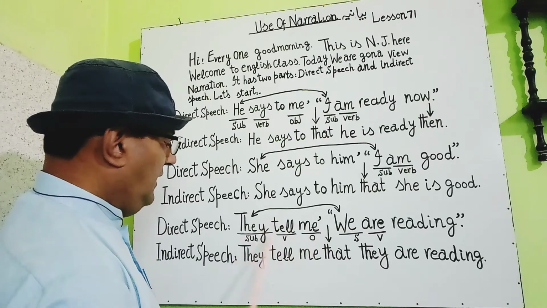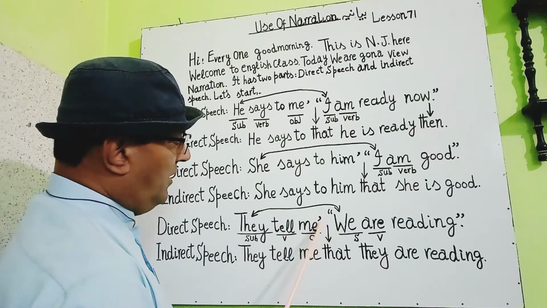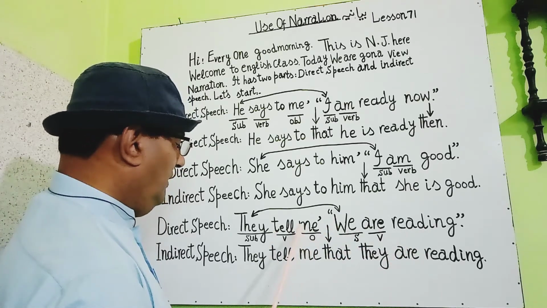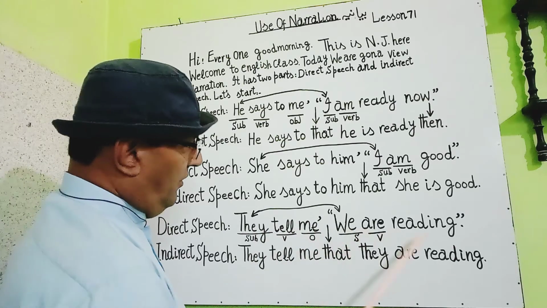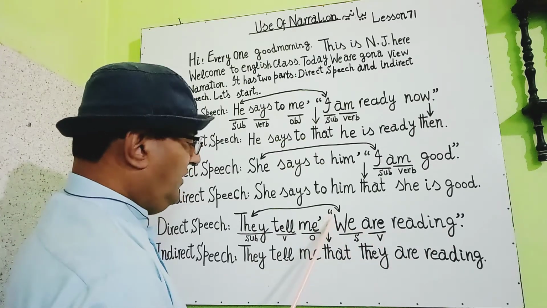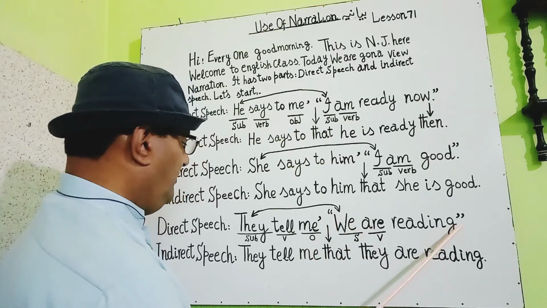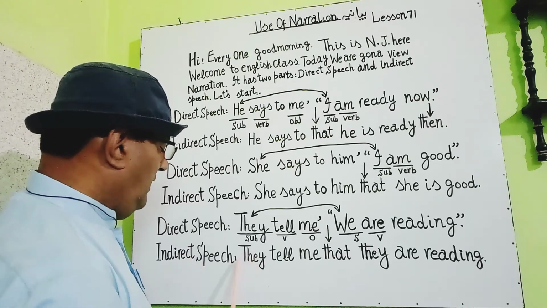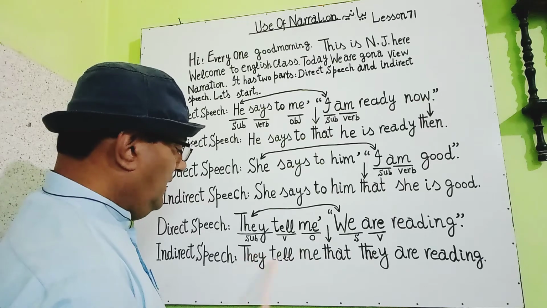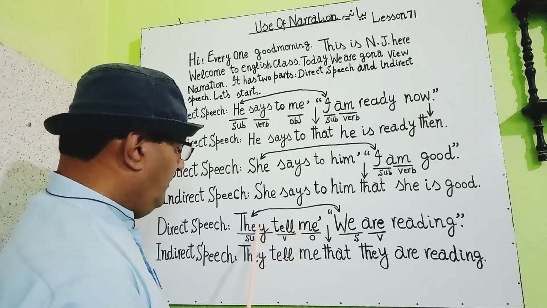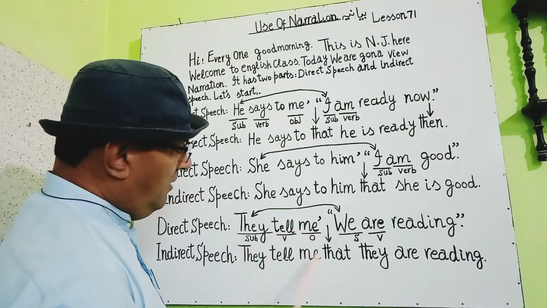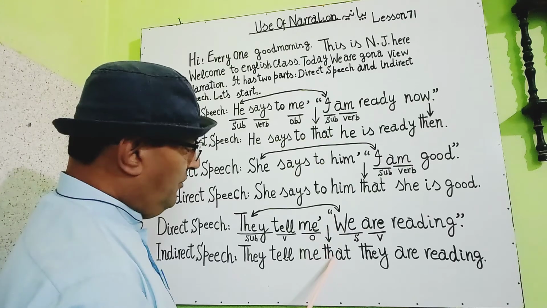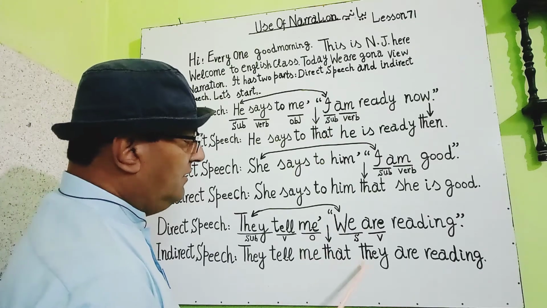They tell me, comma, inverted commas start, we are reading. This statement is in inverted commas and there is a full stop. And when we convert it into indirect speech, it will go, they tell me, the outer segment statement will be the same, and after that the comma will change into that, and we put here that they tell me that they are reading.